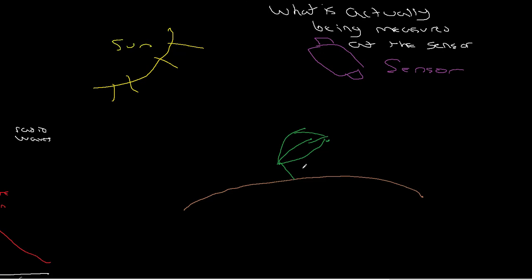We have matter. So this is the exact same diagram we drew before. But right, this is Earth. These are satellites. There's space between the sun and matter, and there's space between the sensor and matter.